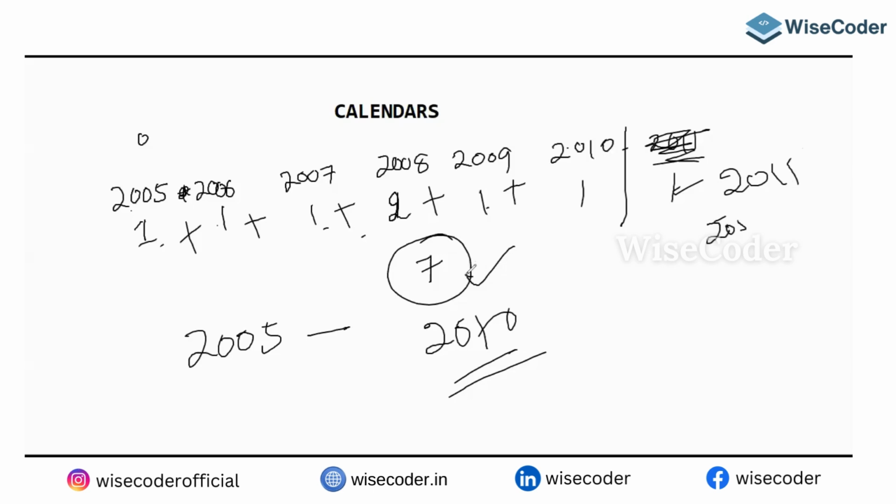The 0 odd days are completed here. 7 divided by 7, you will get 0 odd days. So that's why 2011 will have the same calendar as 2005.